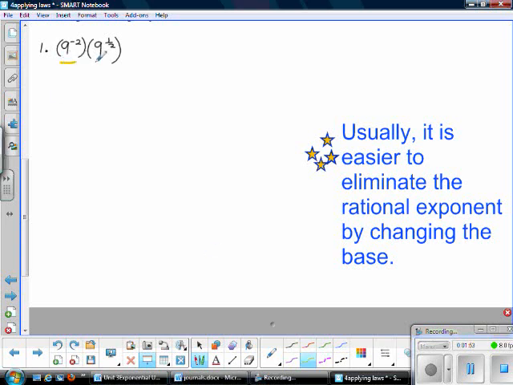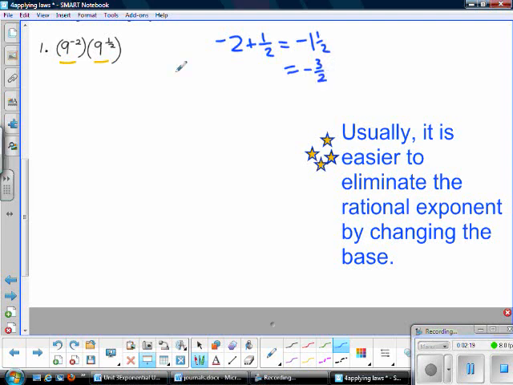So following the rule of multiplying with bases the same, I could go -2 plus 1/2. Now, depending on how well you work with fractions, that would be -1.5. If I changed it then to an improper fraction, that would be -3/2.